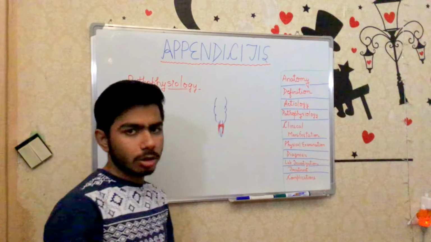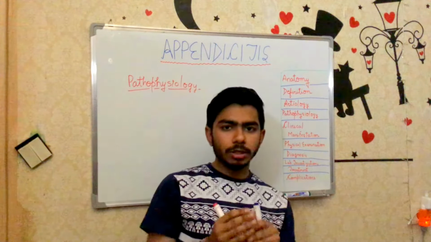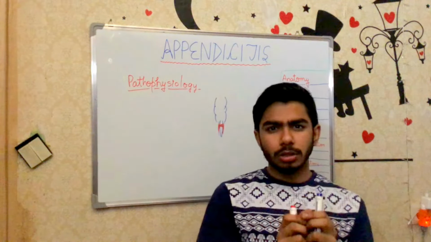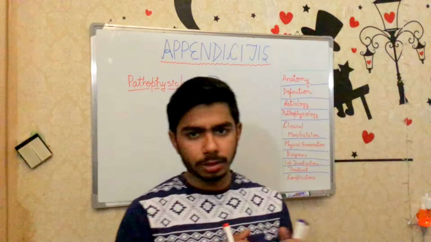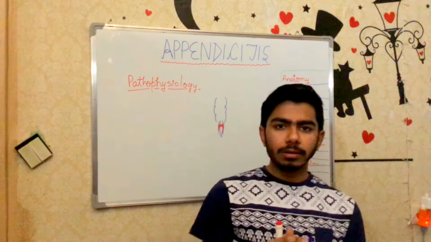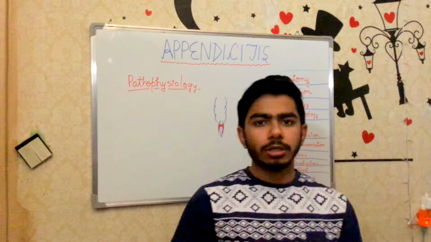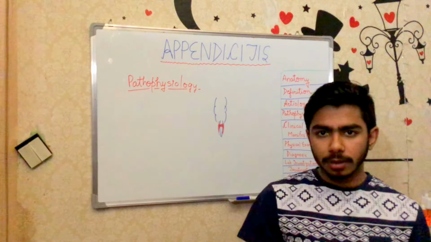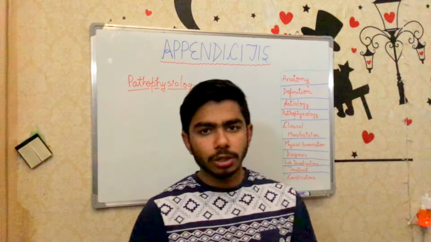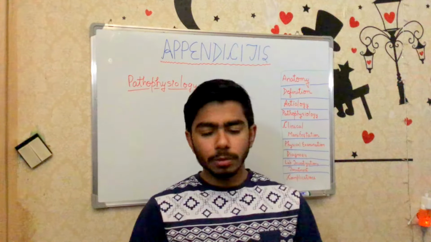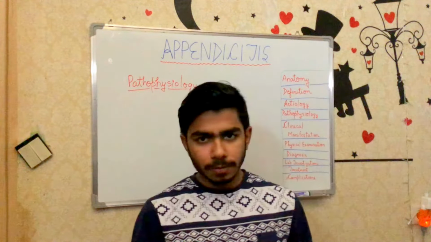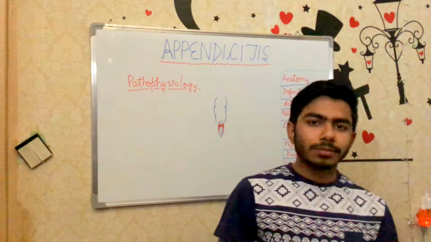In the lumen of the appendix, as there will be the obstruction, there will be constriction in the lumen. So the mucosa around it will start to secrete more and more mucus, because the intraluminal pressure of the appendix is increasing, and the mucosal layer secretes more and more mucus. And what will happen?